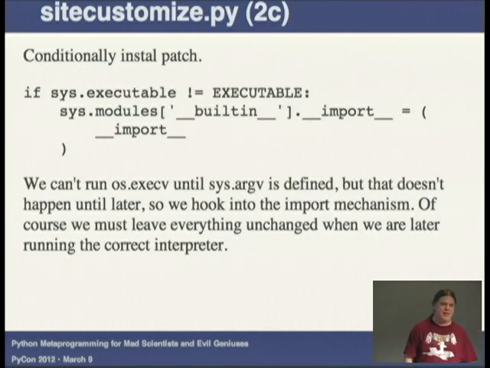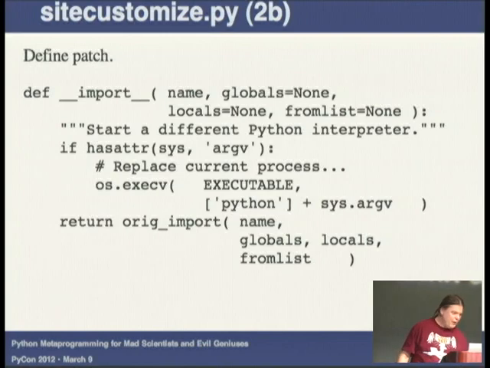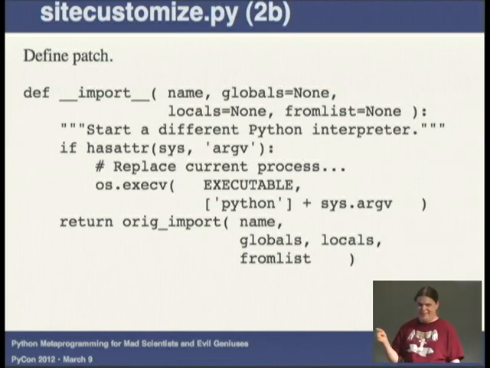And if the Python interpreter is not what I thought it should be, well, we're going to os.execv, in other words, kill the current process and replace it with the Python I want, passing in the sys.argv. That's why I very much needed that.